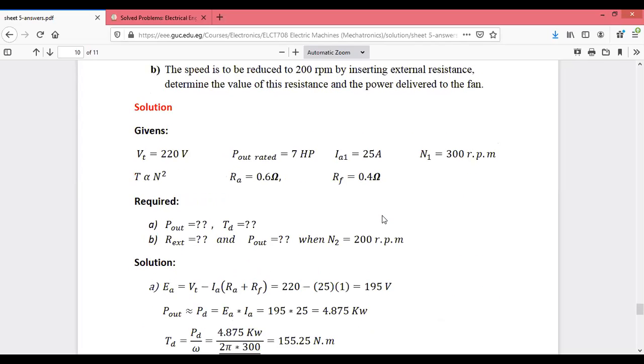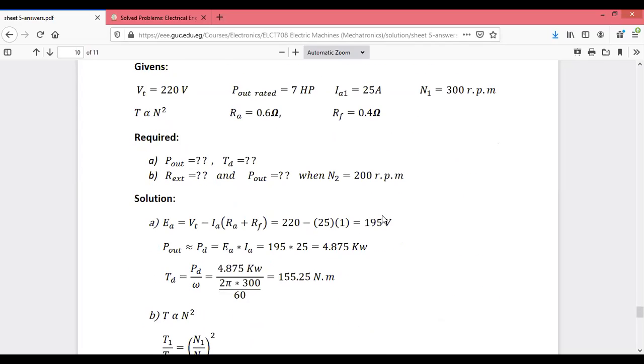We are aware that the mechanical power PD equals P out, which is torque into angular velocity. But we do not have the value for speed. You can rearrange that equation for the torque: P equals torque into speed, so torque equals P upon angular speed. We do not know the angular speed value, but we have the value.